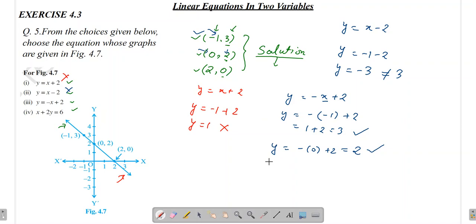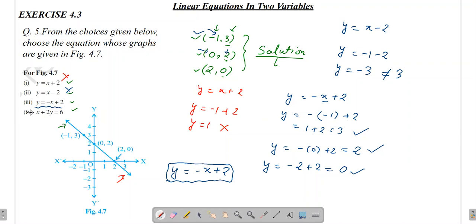So if I'll put x as 2, it becomes minus 2 plus 2 is 0. So we are getting 0 also. So that means the third equation is the answer. Y is equals to minus x plus 2 is the required answer for this question.